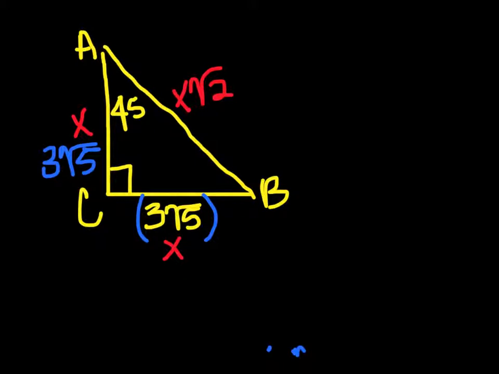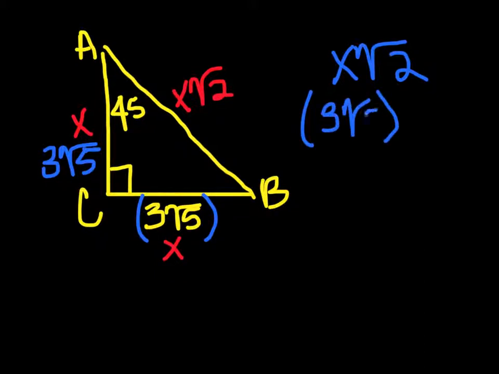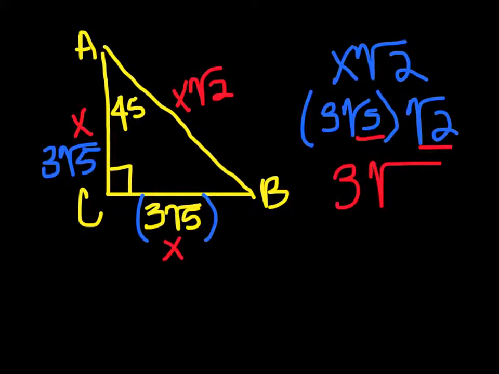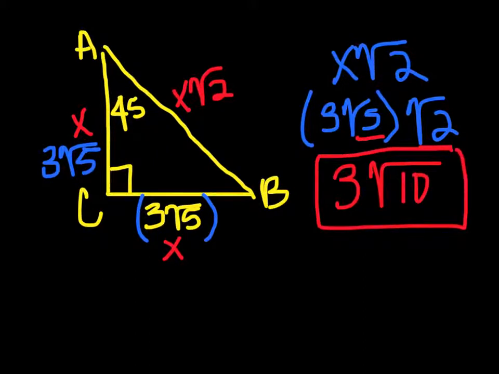That's our x value. So if x square root of 2, I need to plug in my x value, which is 3 square root of 5 times the square root of 2. 3 cannot be multiplied, but the square root of 5 and square root of 2 can. Square root of 5 times the square root of 2 is the square root of 10. So our answer here is 3 square root of 10.